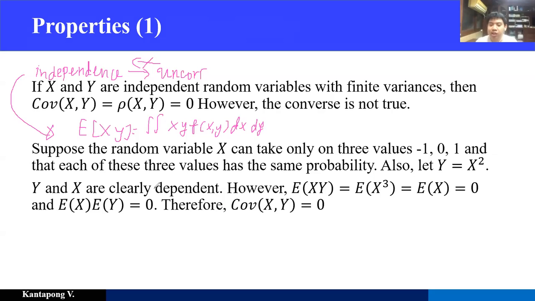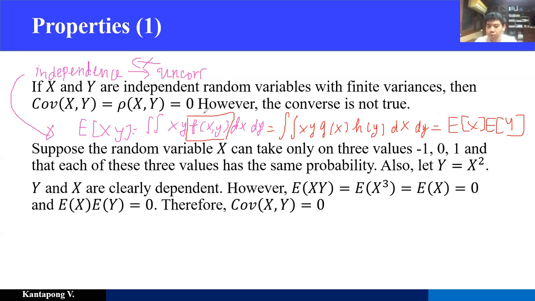But since it is independent, we can separate this one into two terms, the integral of x f_X dx times the integral of y f_Y dy. And finally, we are going to get EX times EY.